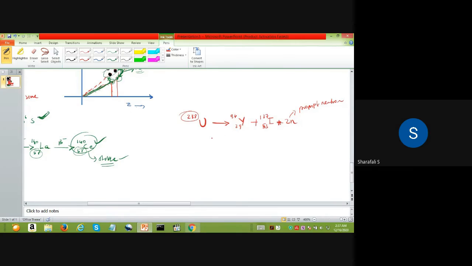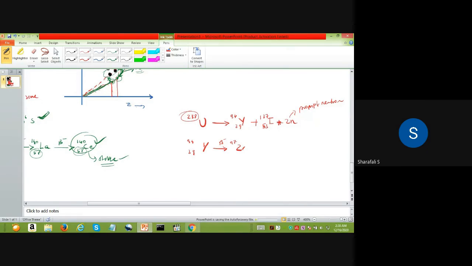And when you consider that iodine, there are two different reactions with it. For example, that erbium, 94 and 39, will go through negative beta decay again, which will become zirconium. Okay, so this will form 97.